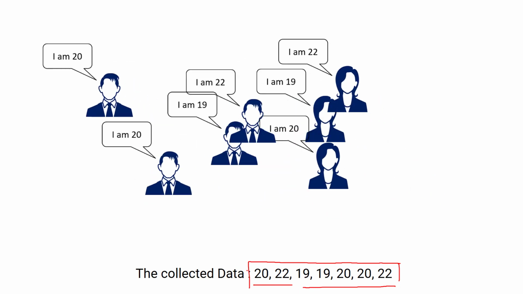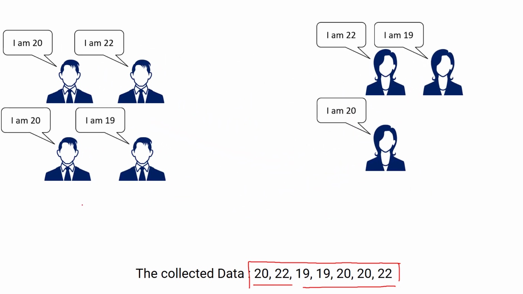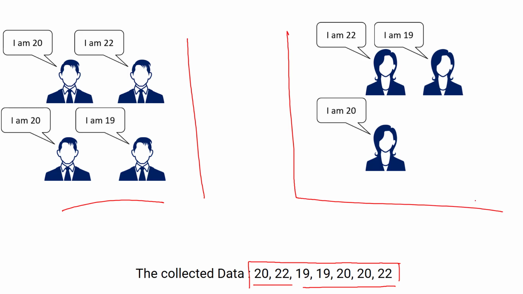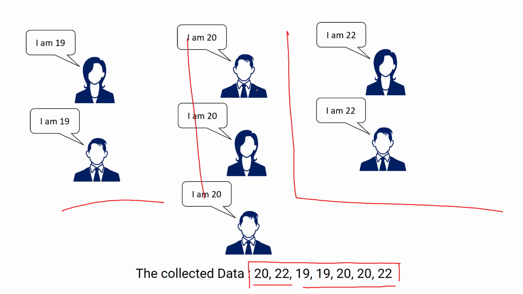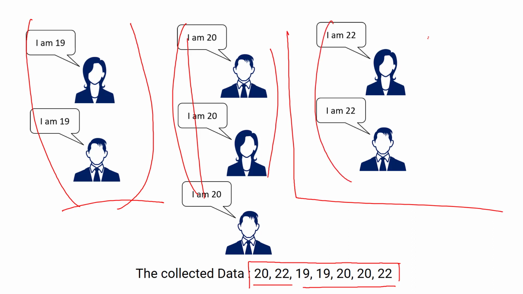Now this data can be classified according to gender. So these 7 people can be classified according to gender, male and female, or you can classify according to their age, right? You can classify similar age people into a group, and similar age people into a different group.